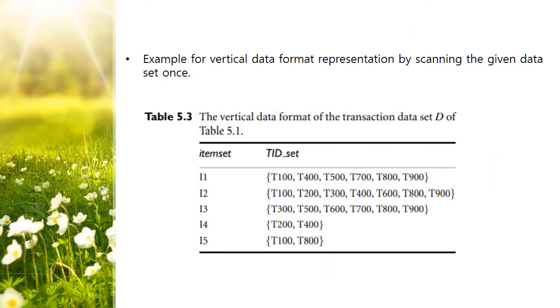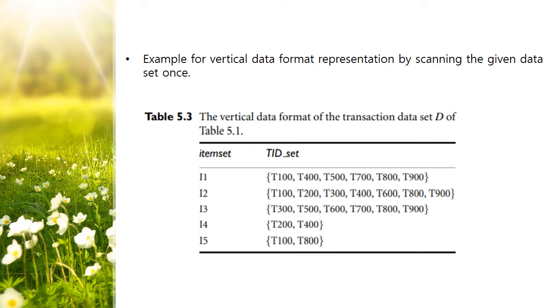Example for vertical data format representation by scanning the given dataset once. So here we have to scan the database only once. That is the advantage of representing this particular format. You can see the example in table 5.3. Here we have 5 items, that is 1, 2, 3, 4, 5. And item 1 is coming in transaction 100, transaction 400, transaction 500, 700, 800 and 900, and so on.